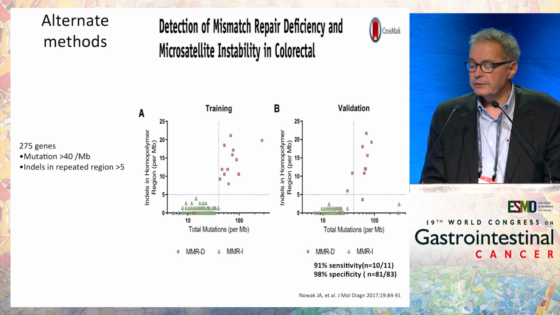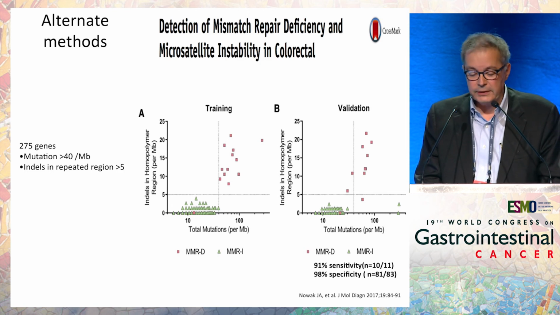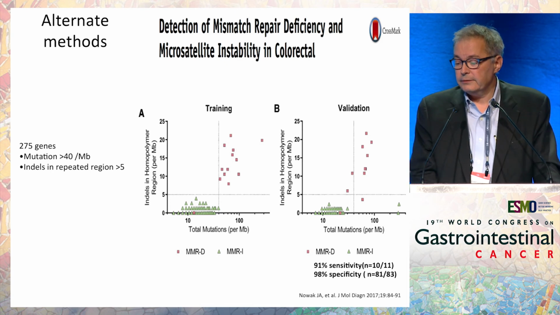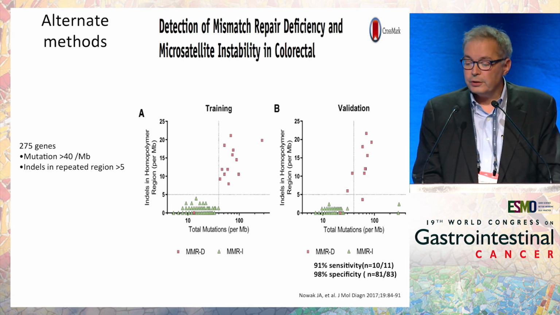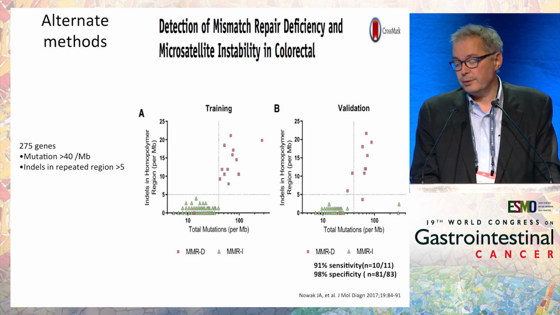This is the first example of what has been performed by this group. They tested 275 genes, and they have 2 cutoffs. One cutoff for the number of mutations, 40 mutations per megabase, and the number of indels in repeated regions superior to 5.